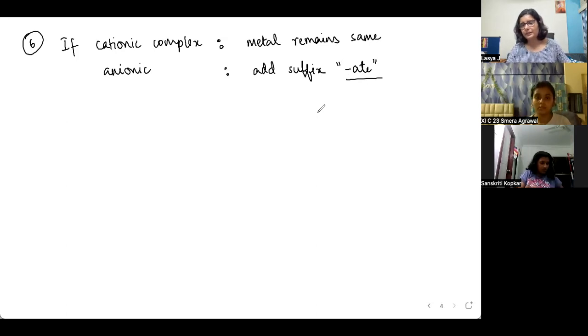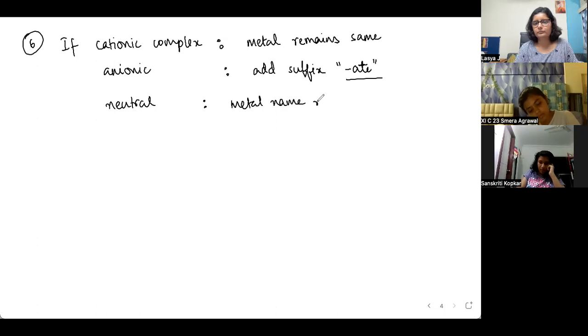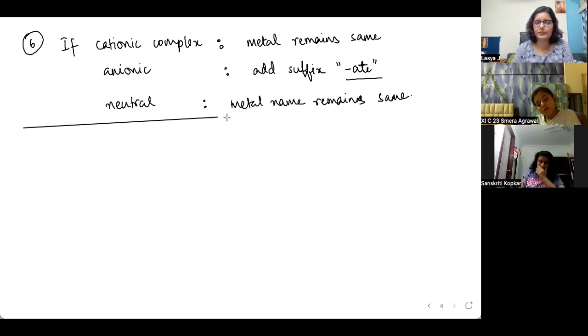In a complex the central atom comes at the end, so you just add -ate to indicate that it's the anion. If it is a neutral complex, the metal name remains the same.